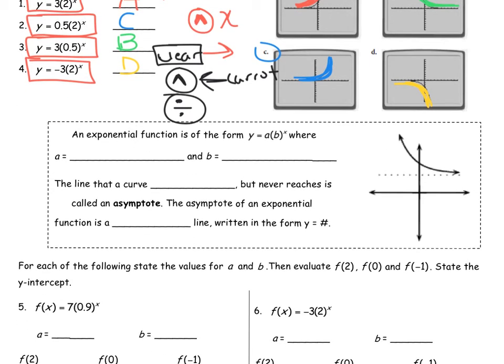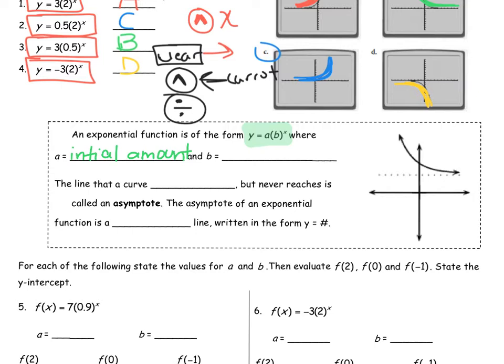We have an exponential function in the form of y equals ab to the x, which I just said previously, where a is going to be the initial amount. And if you guys think about that, what would the initial amount or the initial value represent on the graph? Like, what would that look like graphically?